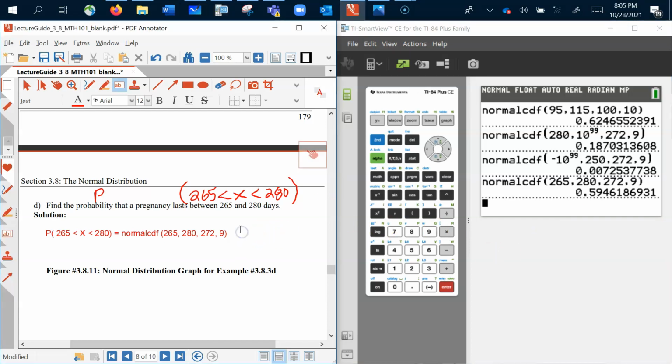So I'll go ahead and edit that. So this is approximately 0.5946. And if we want to state that as a percent, we can easily do that. This is approximately 59.46%.